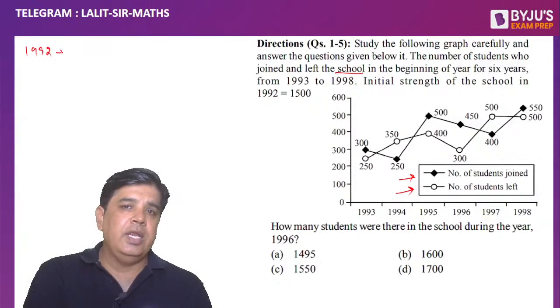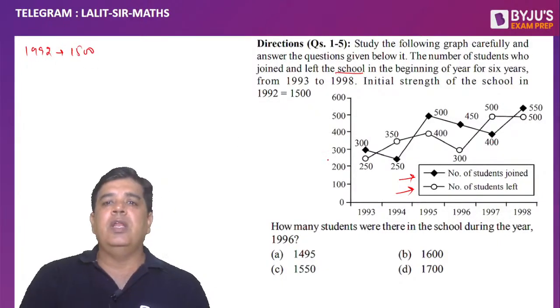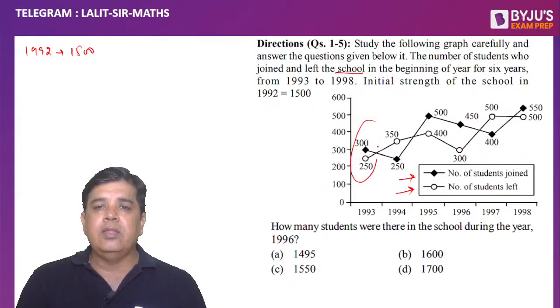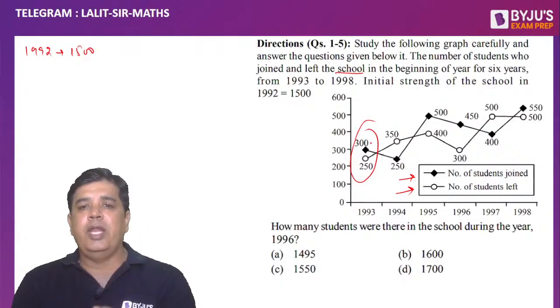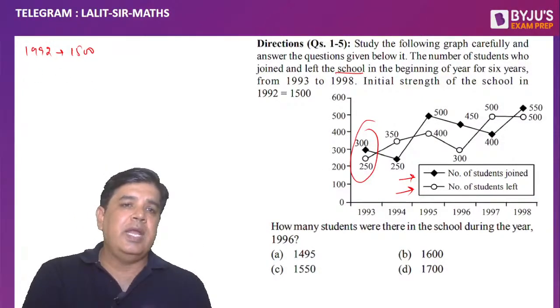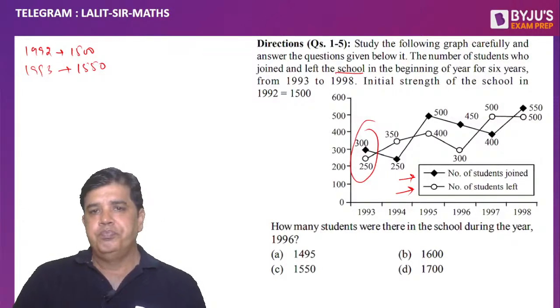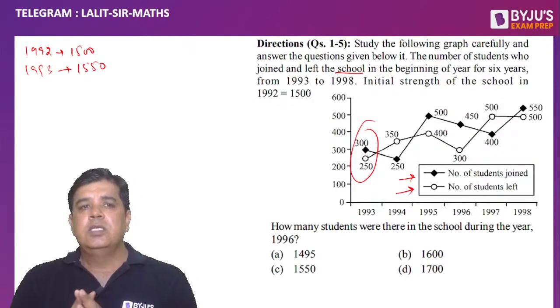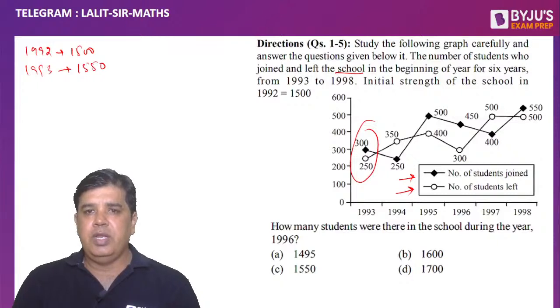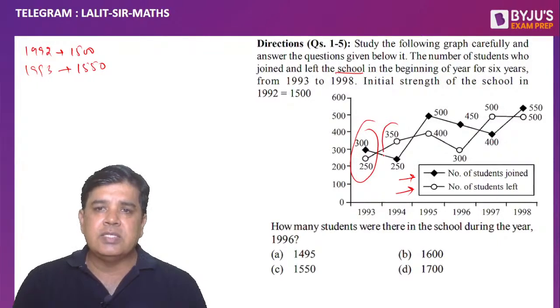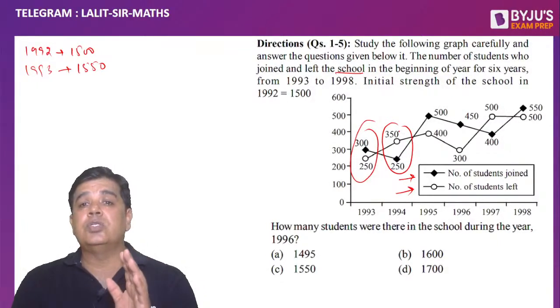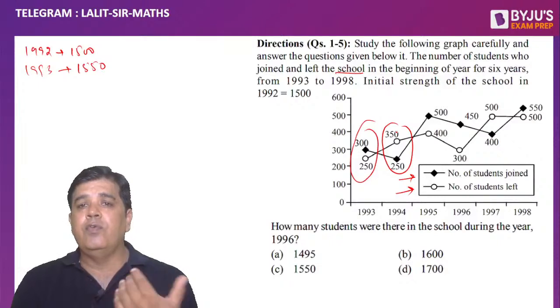In 1992, the strength is 1500, and in 1993, 300 people joined and 50 left. It means in 1993, the total change is of 50, right? 50 increase, strength will be 1550, right? 1550. In the next year, 350 students left, 250 joined.